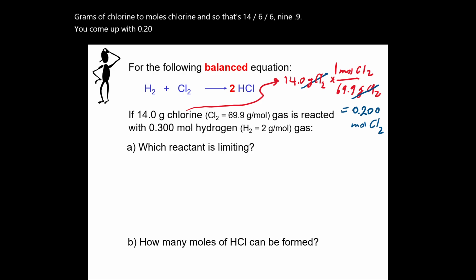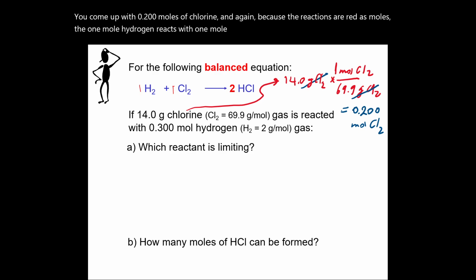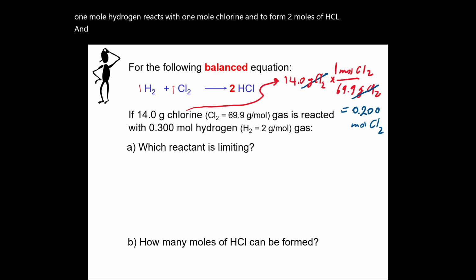You come up with 0.200 moles of chlorine. And again, because the reactions are read as moles, 1 mole hydrogen reacts with 1 mole chlorine to form 2 moles of HCl. And so if we have 0.2 moles of chlorine and 0.3 moles of hydrogen, which one will generate the least amount of product?